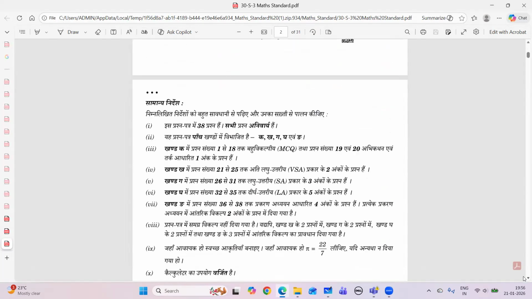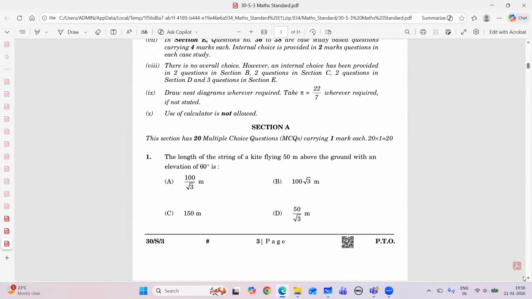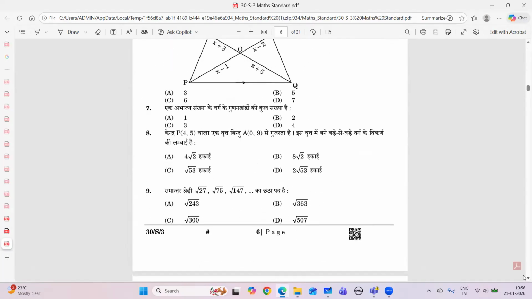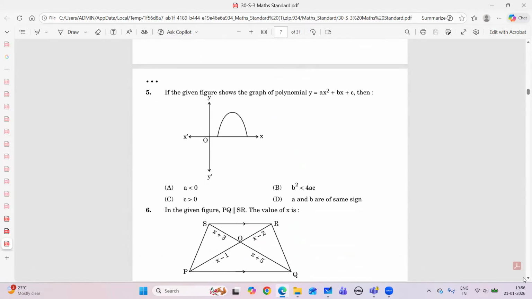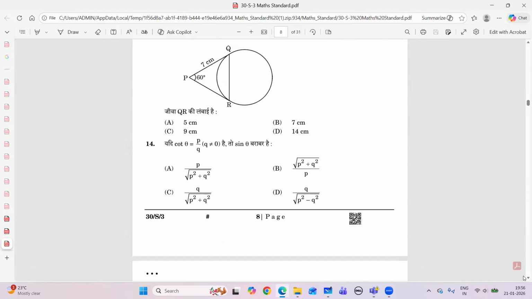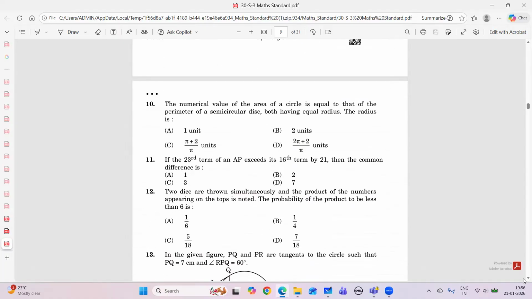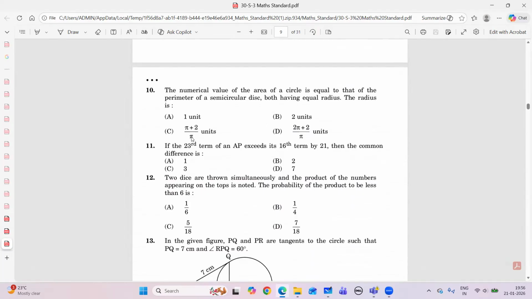The 23rd term exceeds the 16th term by 21, right? Yeah. 23rd term minus 16th term is 21.